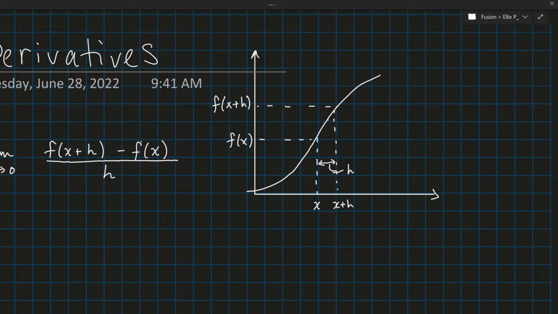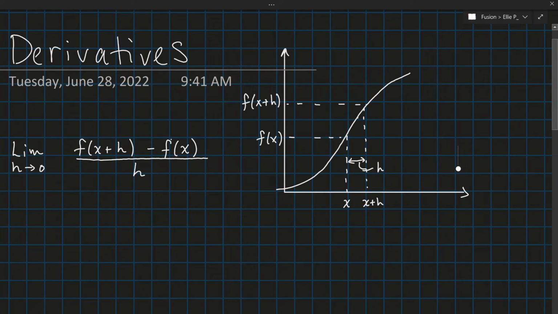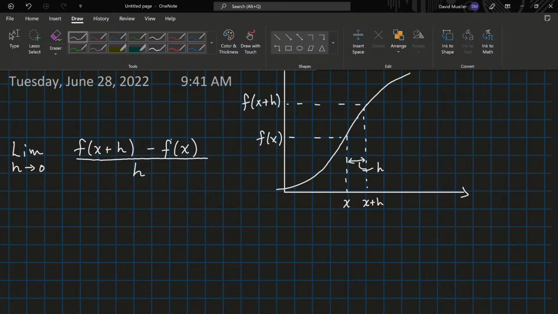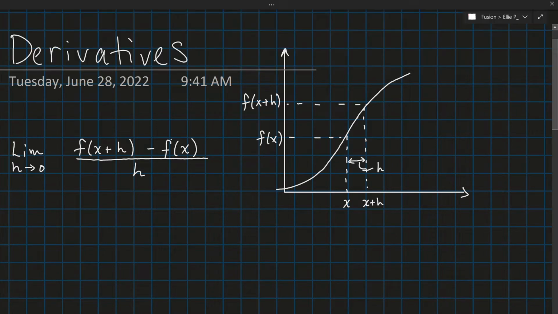Now, if we start to take this limit and let h go to 0, then what you can imagine is this second value that we have here for f of x plus h will start to approach f of x. As h goes to 0, it just becomes f of x. And by doing that, what we are actually getting is the rise over the run.